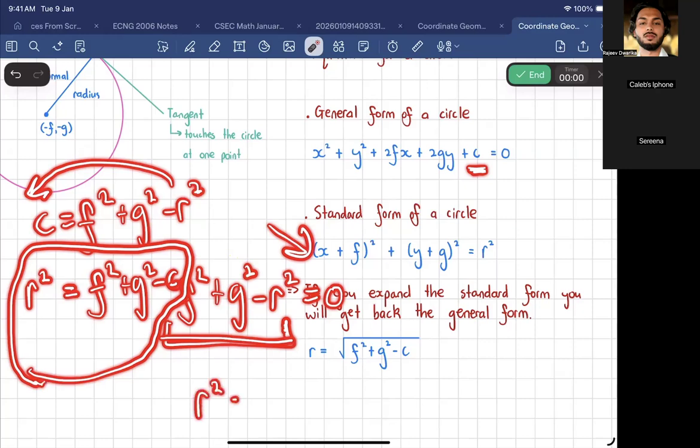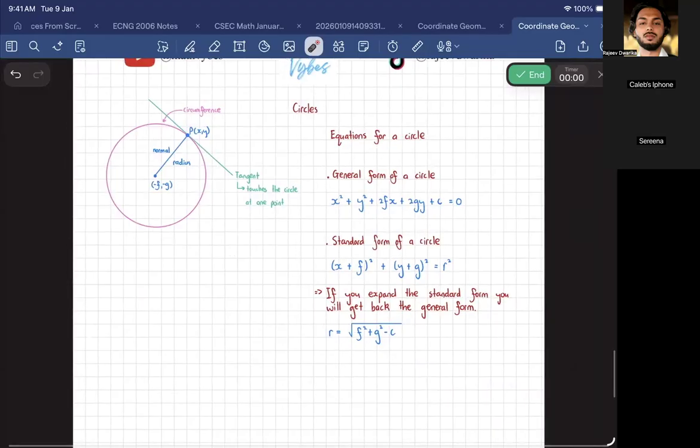So I have r squared is equal to f squared plus g squared minus c, and I want to find r. What would I do next? It would be r is equal to the square root of f squared plus g squared minus c. Yep, excellent. That's it.